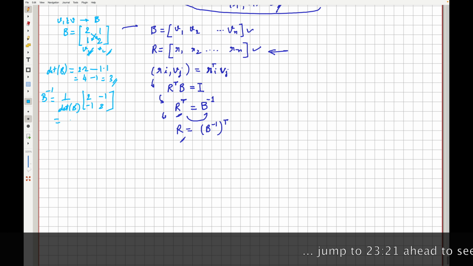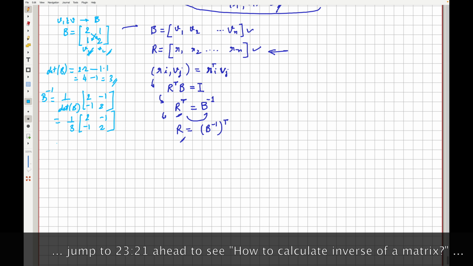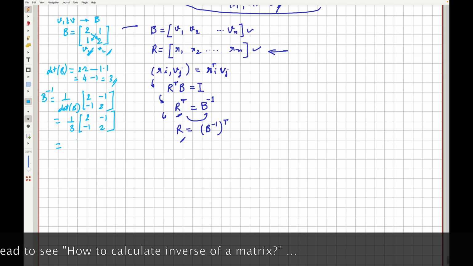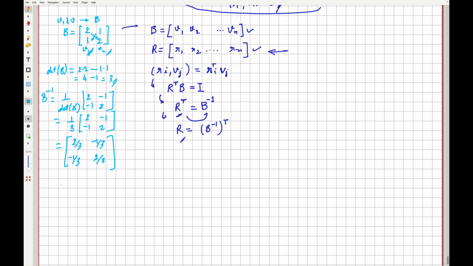So what we get in the output is 1 by 3 times 2 minus 1 minus 1 2, which is equal to 2 by 3 minus 1 by 3 minus 1 by 3 and 2 by 3. So that is the inverse of B, and what we can now do is compute the coordinates.